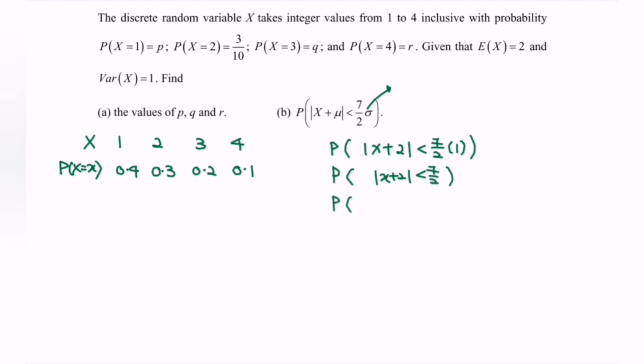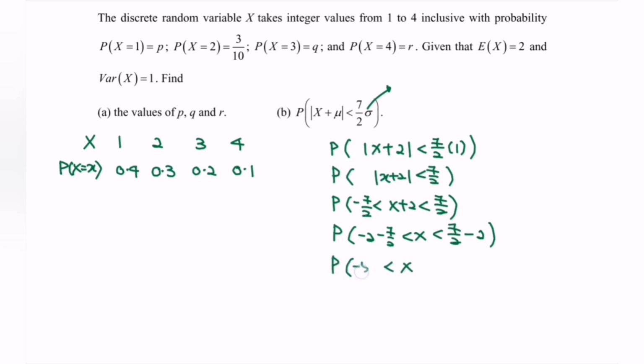So the probability that X plus 2 is in between negative 7 over 2 and 7 over 2. Simplifying, the probability that X is between negative 2 minus 7 over 2, and 7 over 2 minus 2. Finally, the probability that X is greater than negative 5.5 and less than 1.5.